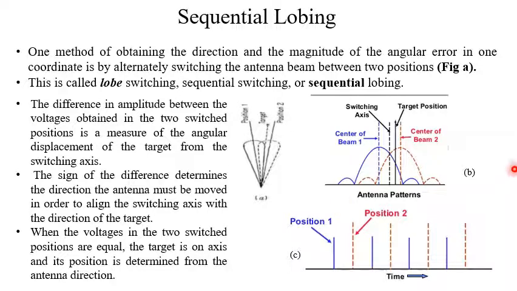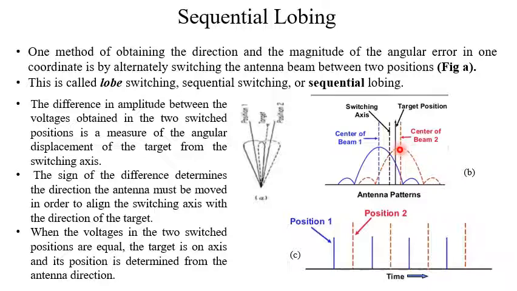The difference in amplitude between the voltages obtained in the two switched positions is a measure of the angular displacement of the target from the switching axis. So if this is the target, for this blue beam, beam 1, its amplitude will be this much. This is the target position, so its amplitude will be this much.